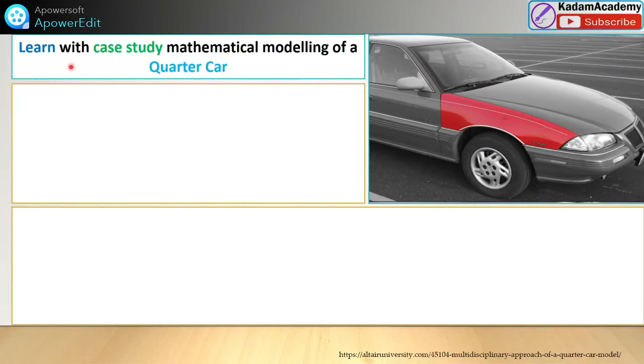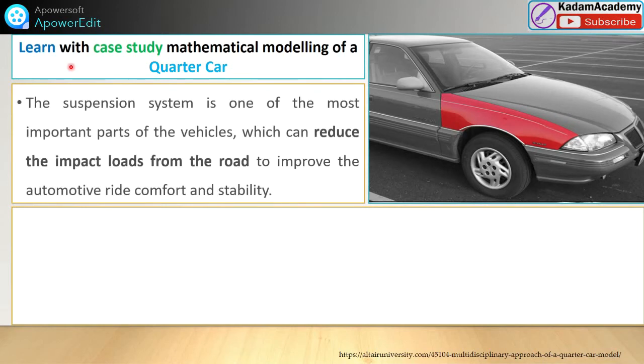now with this learning, the case study is the mathematical modeling of a quarter car. Before going into this, see the picture of this car shown to you with the new model. Here the suspension system, which is there in every car, is one of the most important parts of the vehicle, which can reduce the impact loads from the road.